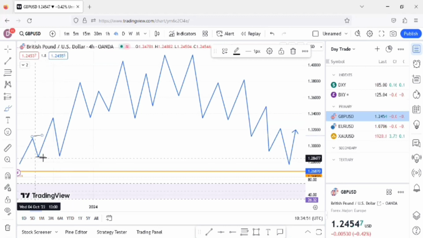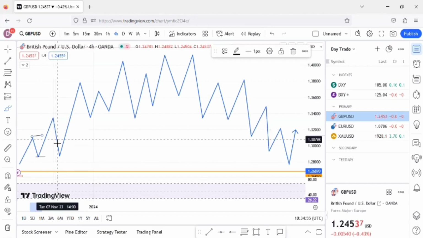So now, for example, some people, the moment they see the market coming down like this, they might begin to sell from here. No, you don't do that. If you do that, you are working against the trend. You are not supposed to sell there. You are only allowed to sell at a supply level.